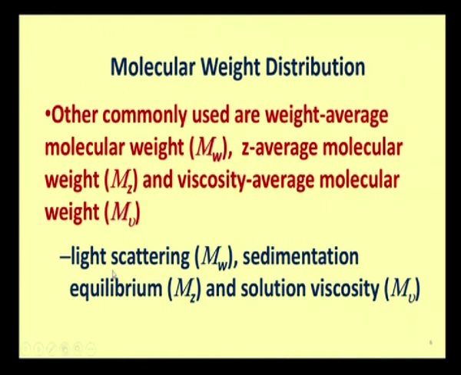The sedimentation equilibrium method is more suitable to determine the Z average or the sedimentation average molecular weight, and the solution viscosity method is suitable to determine the viscosity average molecular weight. Hence, there are 4 types of molecular weights whose determination we are going to see right now.